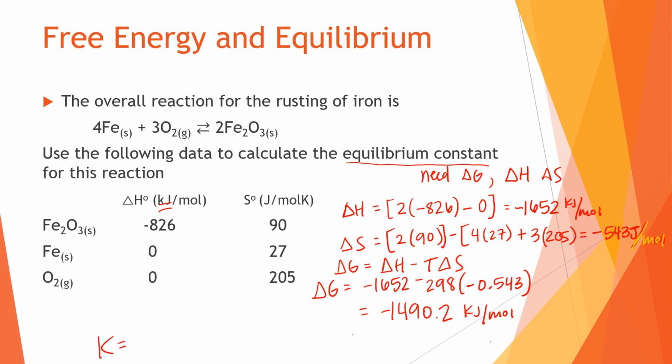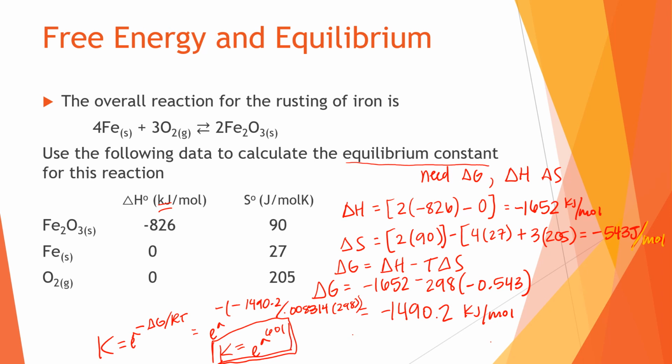So now I've got to calculate K from delta G. So I have e to the negative delta G over RT, e to the negative negative 1490.2 kilojoules divided by 0.008314 times the temperature, which gives me e raised to the 601, which is actually too large for our calculator, so we are just going to leave it as e to the 601.